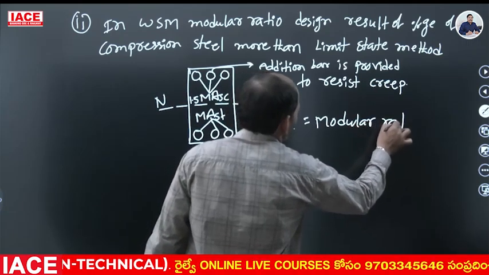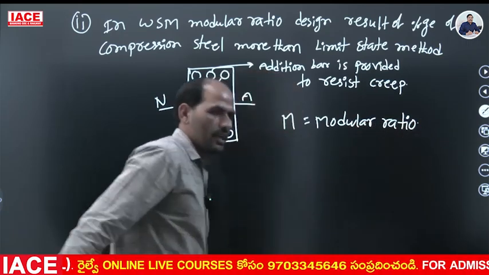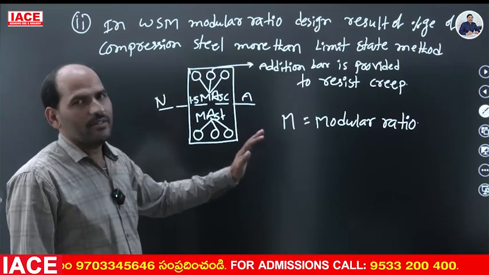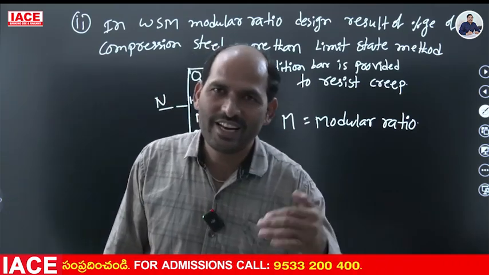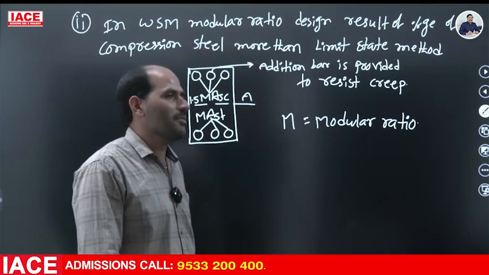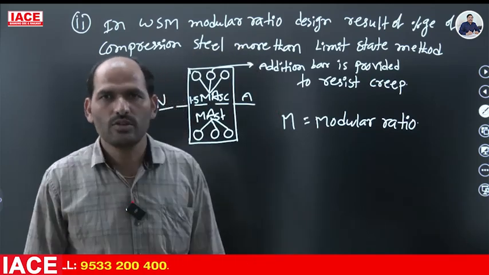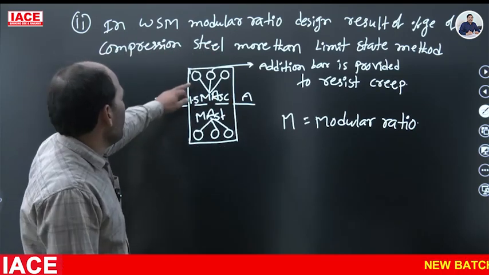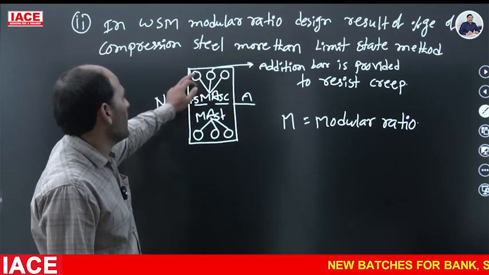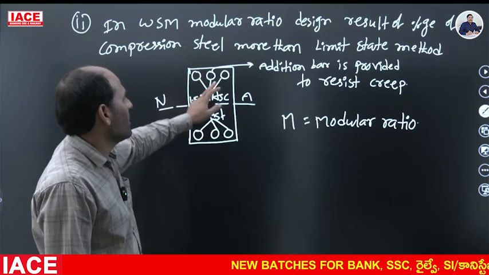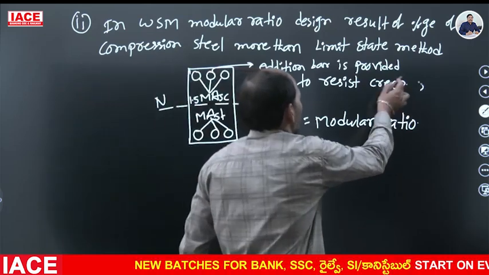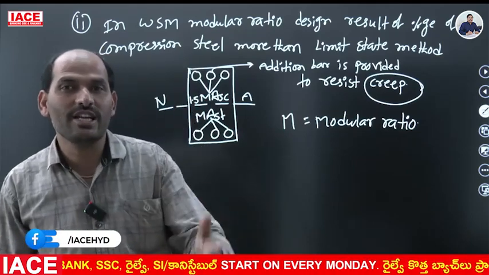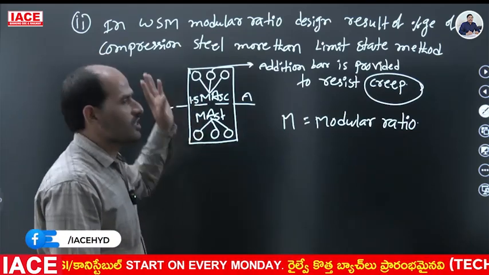So in the working stress method, the modular ratio design results in a large percentage of compression steel compared to the limit state method. Here only 2 bars would be enough, but due to the creep effect one more additional bar is required to resist the creep.